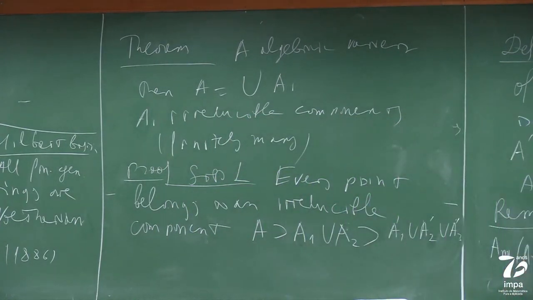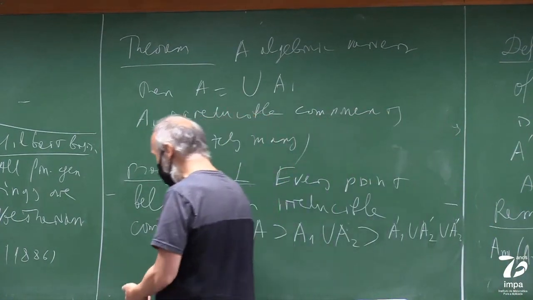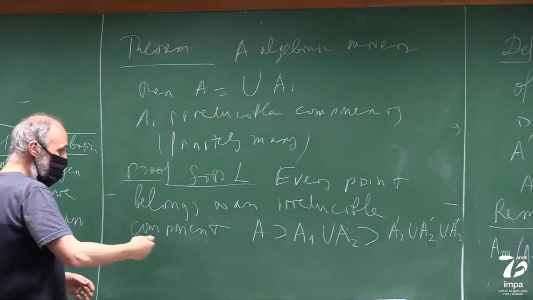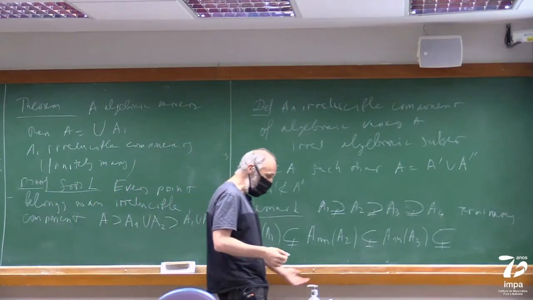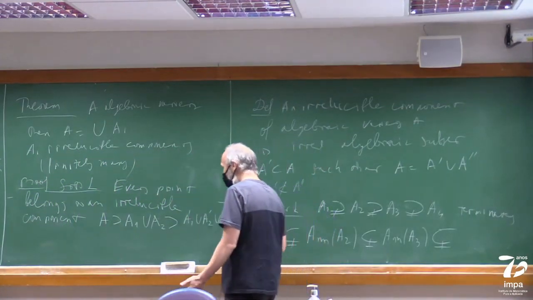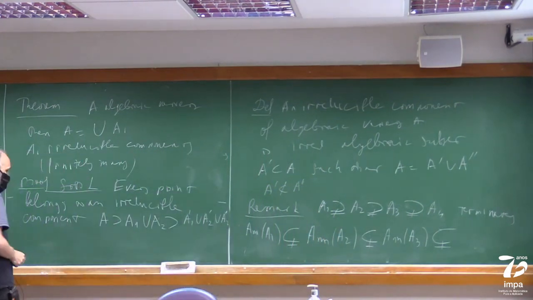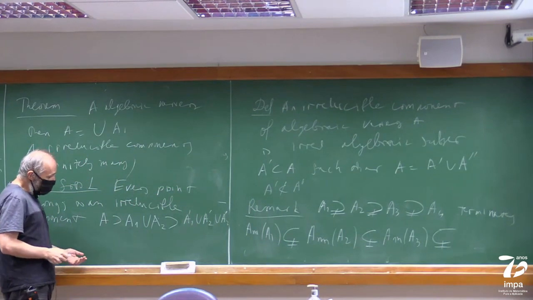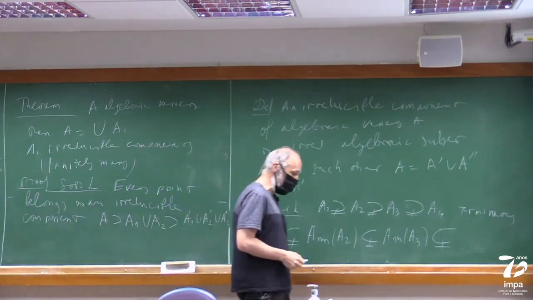So this means that you split your variety into algebraic sets, which in turn split into smaller algebraic sets and smaller. And this can be done indefinitely unless you end up with an irreducible component. But this cannot happen because any descending chain of subvarieties terminates.